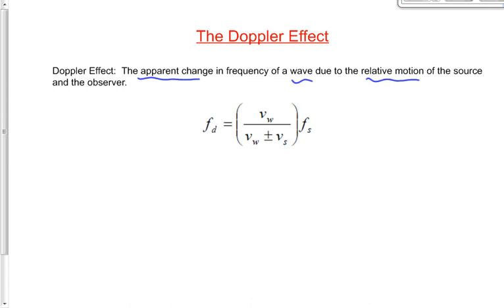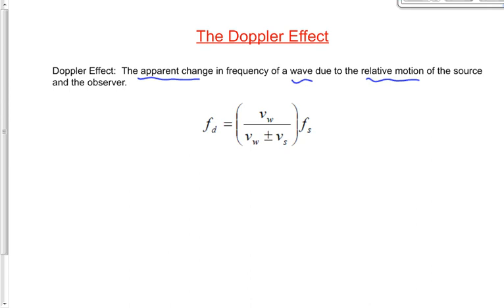They can see that you're moving relative to one another, but they can't necessarily tell that you're moving and the other person isn't. Relative motion is just motion with regard to each other. So maybe one's moving, maybe the other's moving, maybe you're both moving, whatever. It's due to the relative motion of the source, what causes the wave, and the observer, what experiences the wave or what hears the wave.